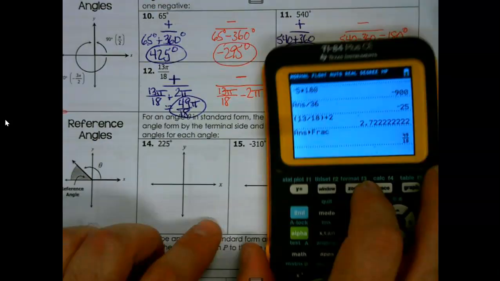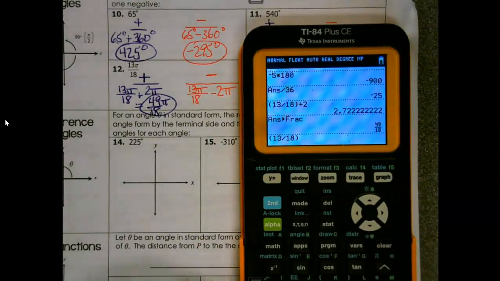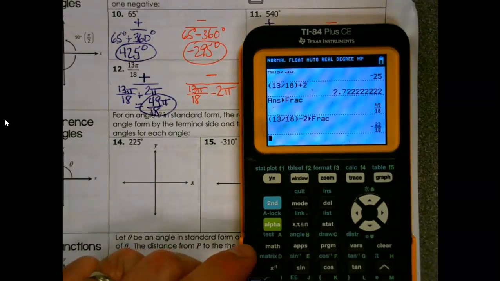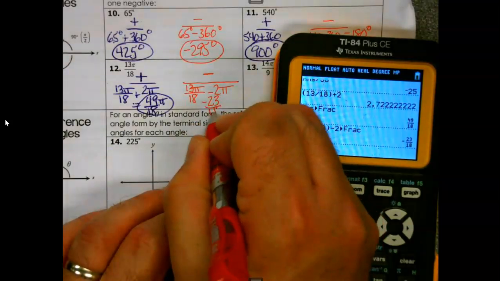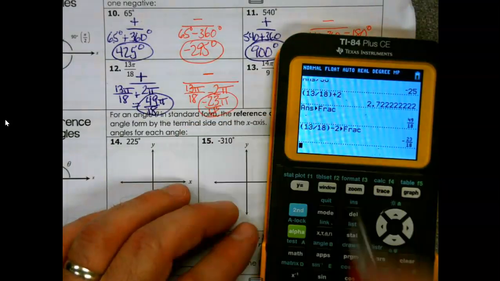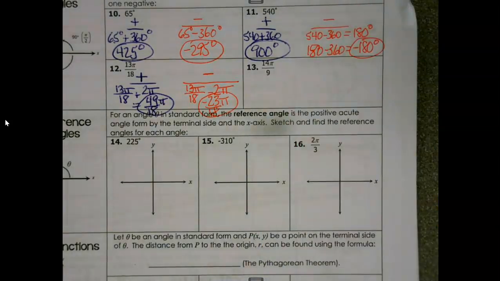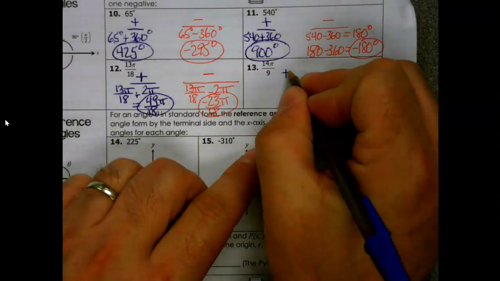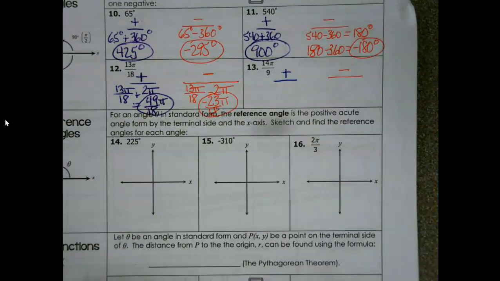So let's play that one more time and see if it works here. I've got to do my parentheses, though. 13 divided by 18, minus 2. Math, enter. Oh good, it came out negative. Negative 23 over 18. Don't forget the pi. For any of these, don't let the weird numbers throw you off.